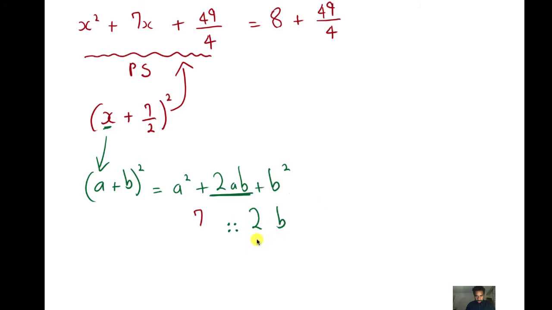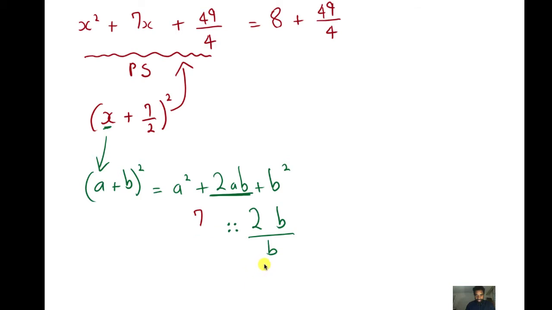So if we divide both sides by b, that helps us establish that the number 2 is equivalent to 7 over b. Wait, sorry, what am I doing?